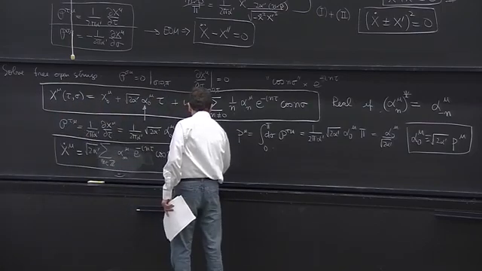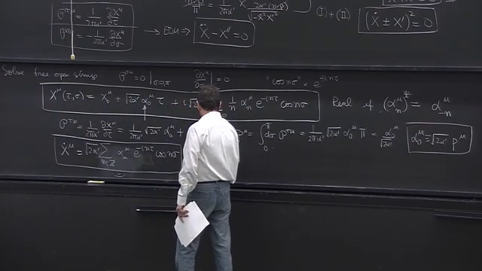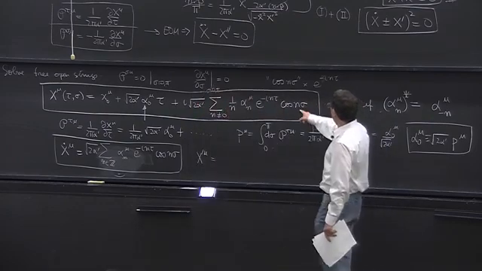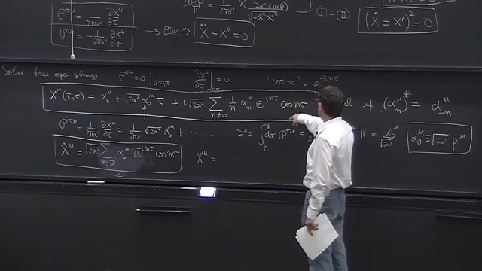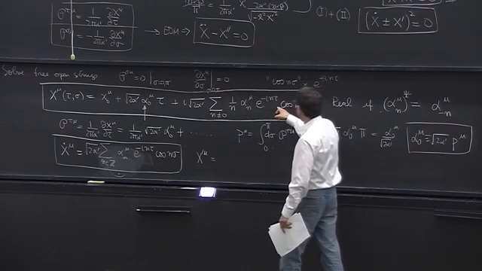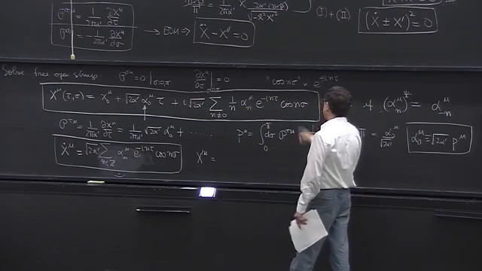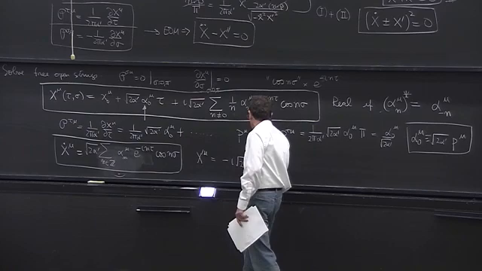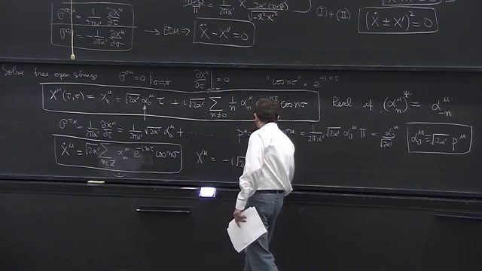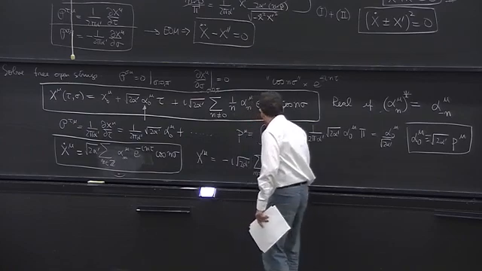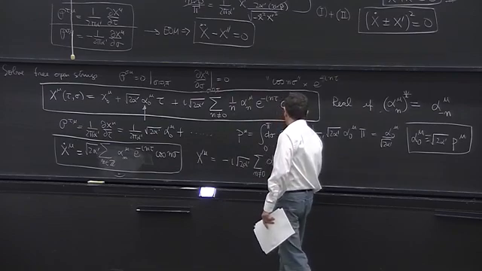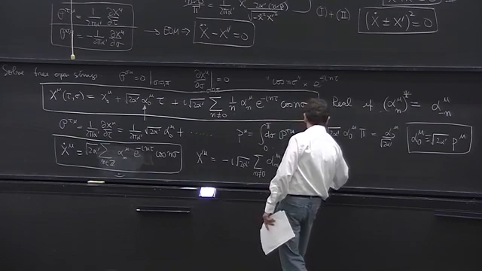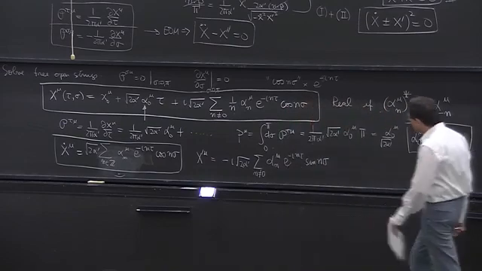How about x prime mu? Again, let's try to differentiate just the second term. Now I have to differentiate the cosines. So it's going to give me an n that cancels that, a minus sign and sines. So minus i square root of 2 alpha prime, sum over n different from 0, alpha n mu e to the minus i n tau sine of n sigma. Okay, that's it.